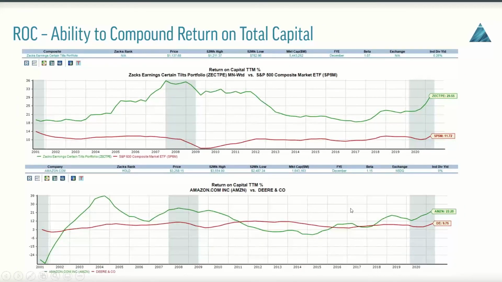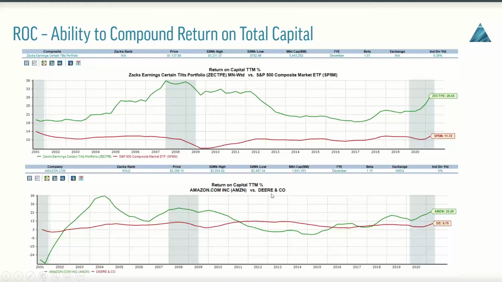Okay. So when we take into account the debt structure, this is ROC. Remember, compounding return on total capital gets more difficult. All the numbers tend to come down unless there's obviously no debt on the balance sheet. The earnings certain tilt portfolio relative to the S&P 500, you're looking at about a 3x, about 2.5 times actually, more effective or more efficient at compounding return on total capital than the average name in the S&P 500.